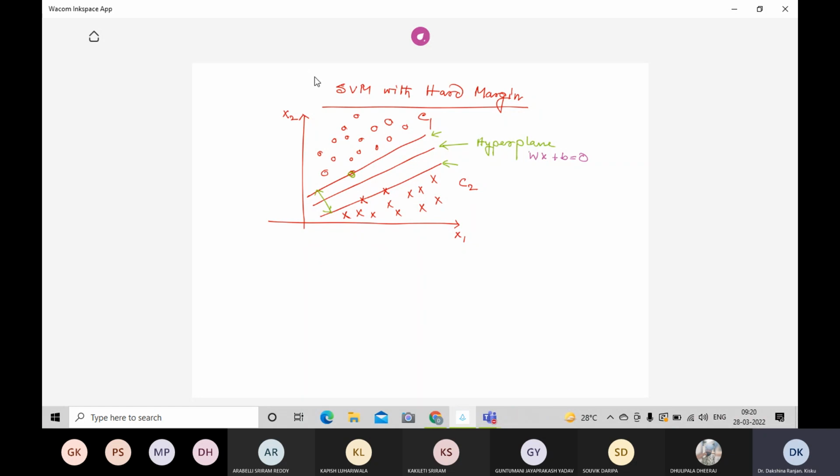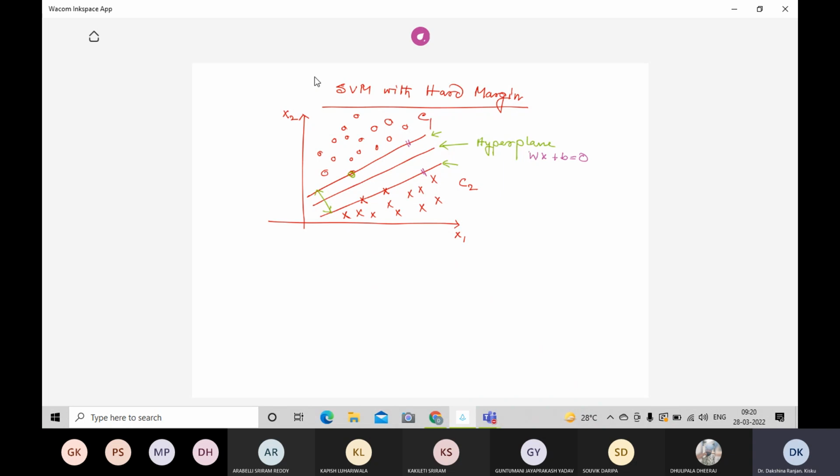Okay, so these two are the margins for class C1 and C2. Now the equation of the hyperplane will be wx plus b equals to 0. So this hyperplane is in the neutral position. Neutral position means this hyperplane is maintaining the equal distance from the margin of class C1 and the margin of class C2.